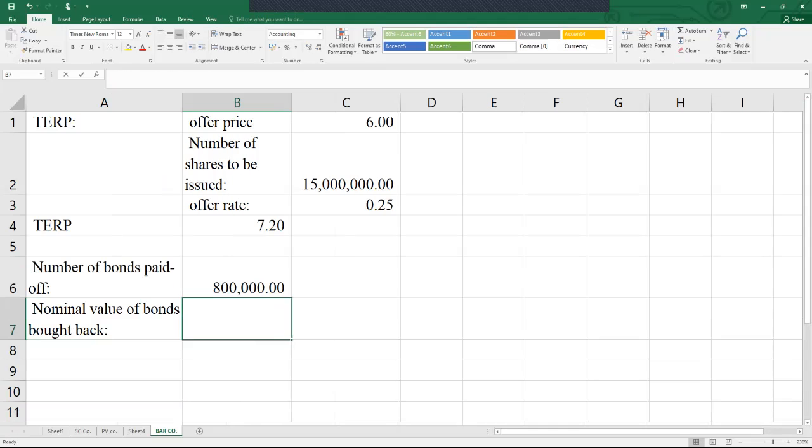The number of bonds you have bought back is 800,000. The nominal value per bond you've been told is equal to 100. It means you have bought back bonds worth 80 million in terms of their nominal value.